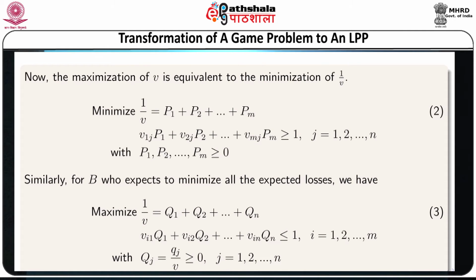So, if I can find the solution of one, then we can readily get the solution of the other one. Problem 3 can be solved by the usual simplex method, since it is a maximization problem, whereas problem 2 can be solved by using the dual.